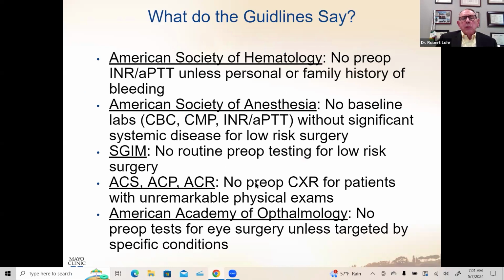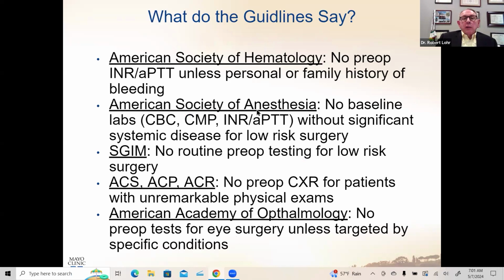And I've just given you a sample here, and we're going to go through some of the recommendations in more detail. The American Society of Hematology says no pre-op coags unless there's a personal or family history of bleeding, which means you have to ask about that.